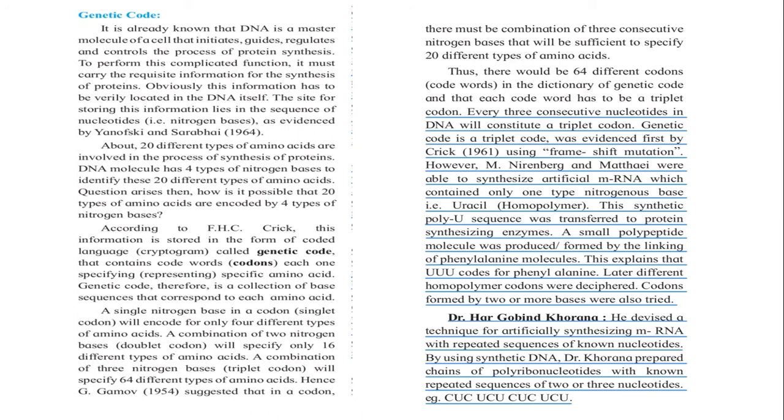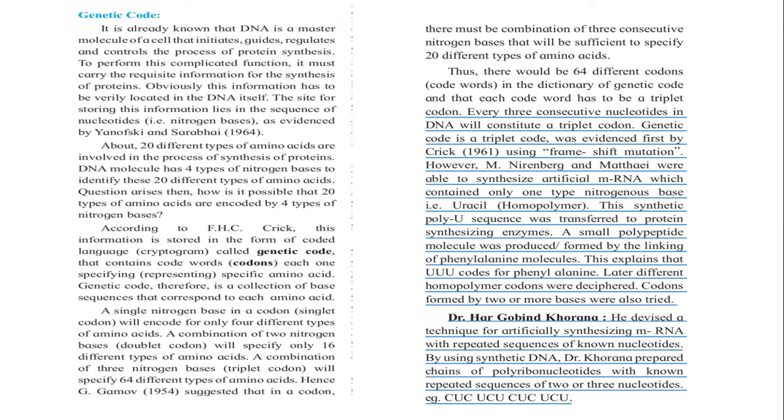deciphered. Codons formed by two or more bases were also tried. Dr. Har Gobind Khorana devised a technique for artificial synthesis of messenger RNA with a repeated sequence of known nucleotides by using synthetic DNA.